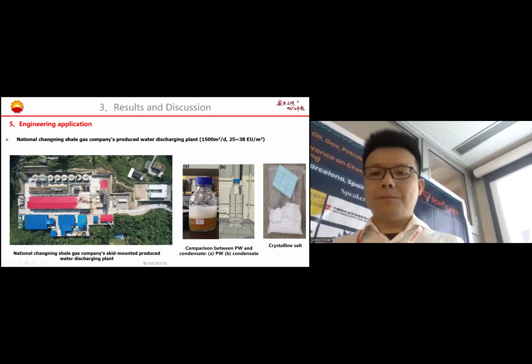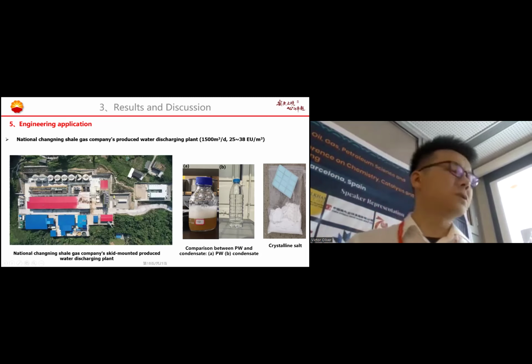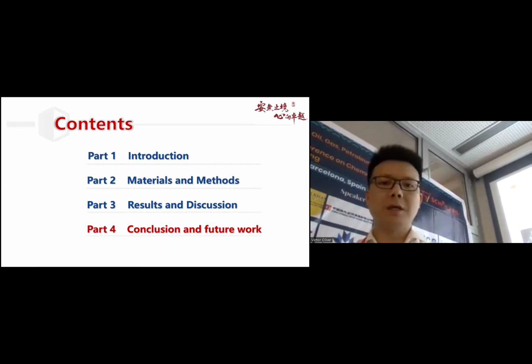The right picture is the image of the produced water. The left one is the produced water, and the right one is the condensate. The crystal salt is super as well, pretty white.